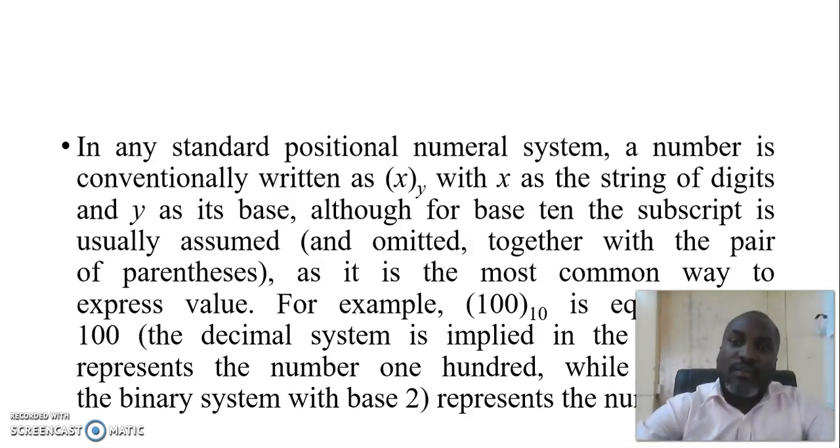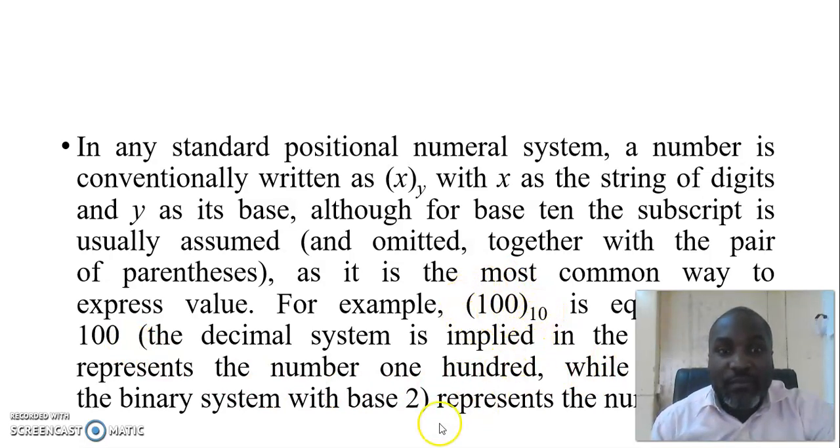So let's take, for example, 100 with a base of 10, which is equivalent to 100. That is how we write it, because we omit the base 10 there. Well, the same number with a base of 2, in the binary system, changes and becomes the number 4, which we're going to discuss in the next lessons.